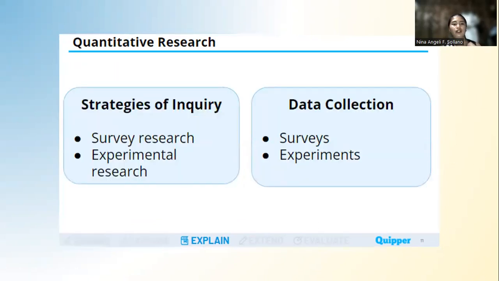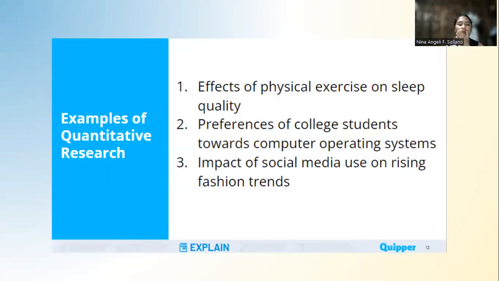So here are the strategies of inquiry. Unlike in qualitative, which has a lot, in quantitative it's only survey research and could be experimental research. And of course, you are going to collect data by surveys or experiments. So here are examples of studies or topics in quantitative research.